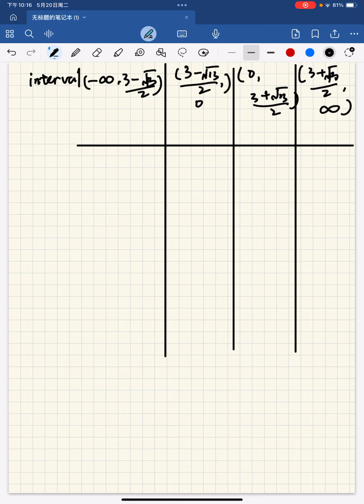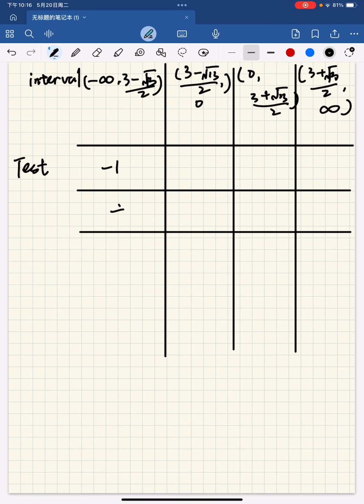So after dividing them into different intervals, we need to plug in some test values to find out the sign of the derivative of f(x). We can plug in minus 1. This is the value between negative infinity and the first critical point. And the result of the sign is positive.